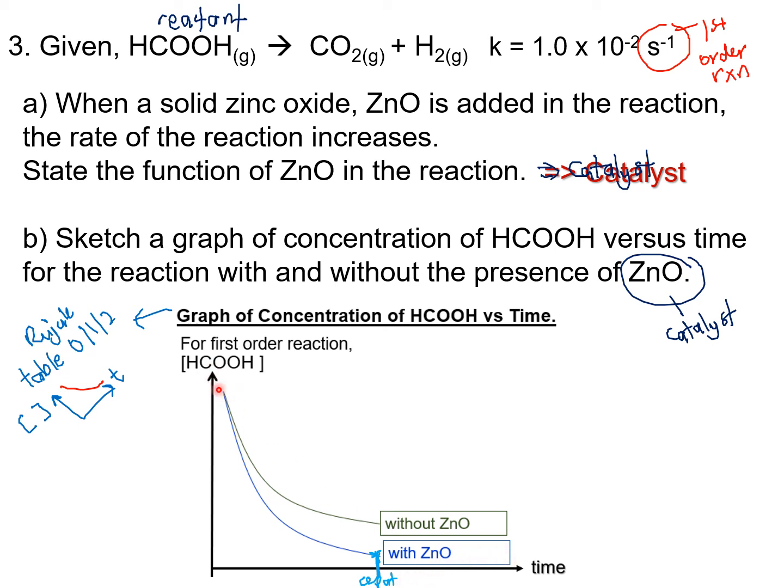Okay, while the curve yang untuk without zinc oxide, dia atas sikit sebab dia takes longer time. That's why lah dia berada di atas.